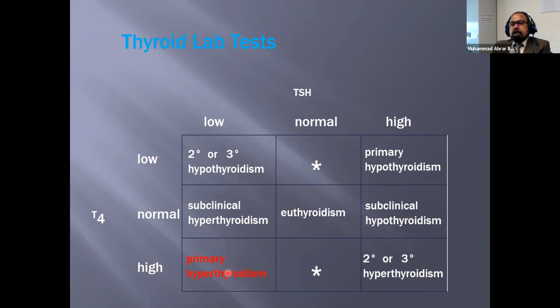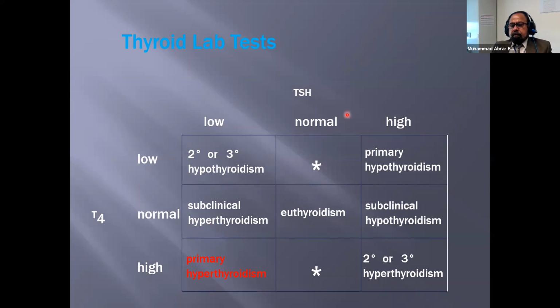So in these patients, if you see the TSH level, it will be 0.01, because of the excess of thyroid hormone, the feedback is going to the pituitary not to give more TSH. So the pituitary gland has stopped secreting TSH. But as there is a problem in the thyroid gland, it is not responsive to TSH stimulation, and it is making its own thyroid hormone. So this is called primary hyperthyroidism.